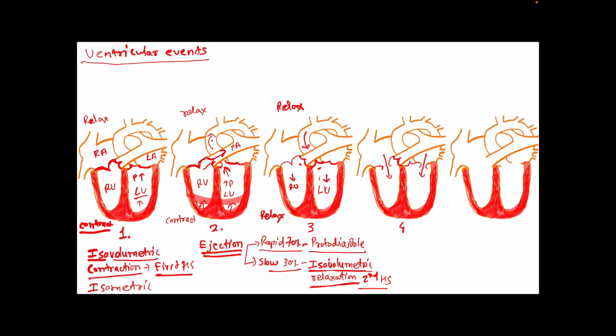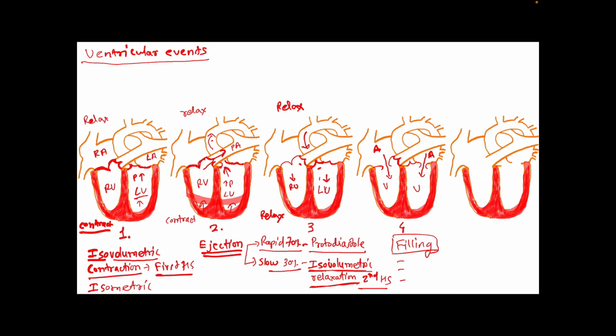So blood is flowing from the atrium into the ventricle, and there is opening of the atrioventricular valve. This is called the filling phase. This filling phase again has three phases.